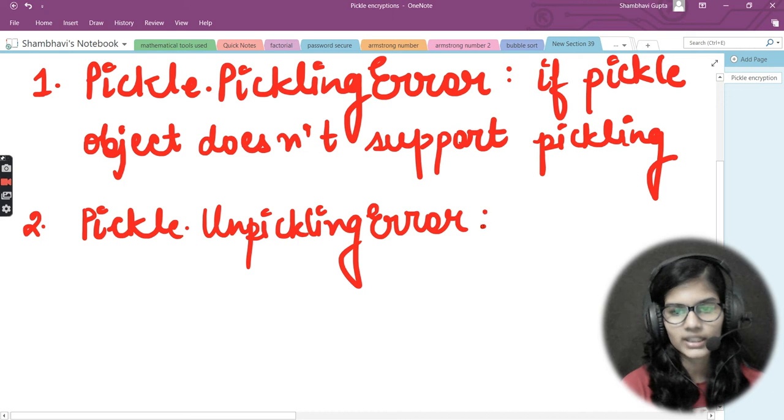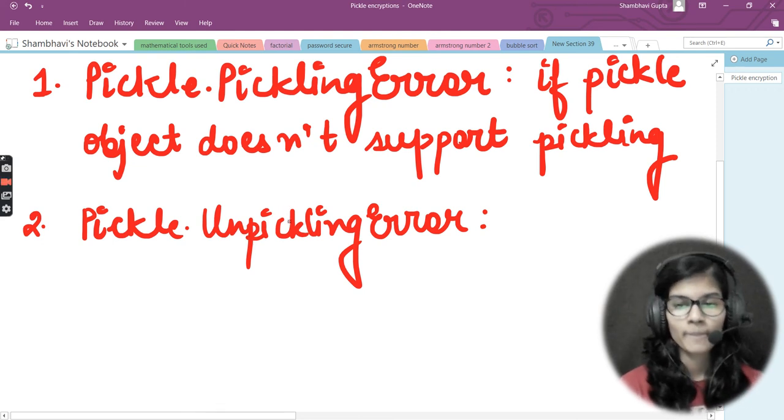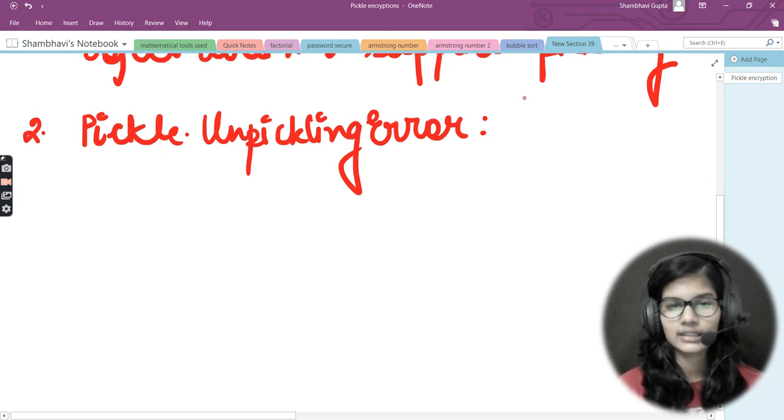Now this is the second one that occurs. In this case a file contains bad or corrupted data. So whenever you get an error like pickle.UnpicklingError, quickly understand that the file which you have taken contains some bad or corrupted data.